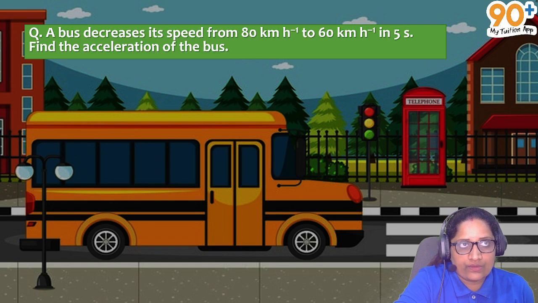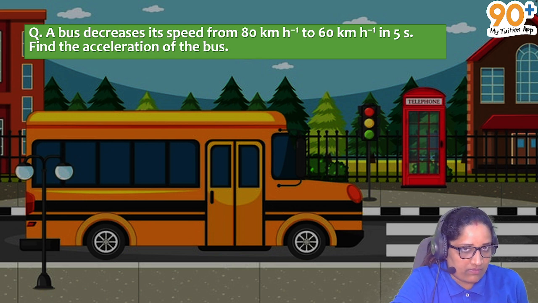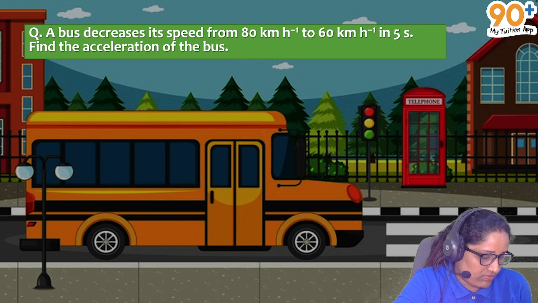Minus 4? You got 4 meter per second square.